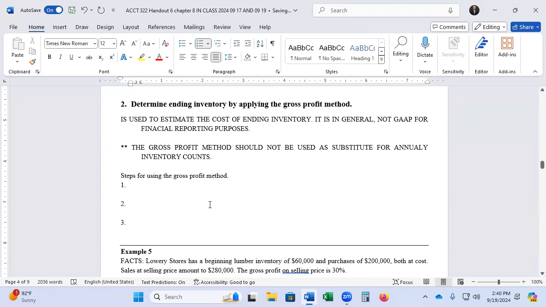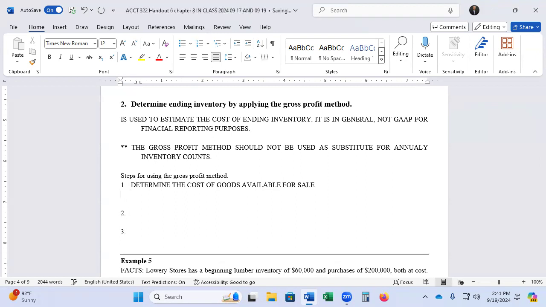Steps for using the gross profit method: determine the cost of goods available for sale. And so how do we do that? We add the beginning inventory plus purchases.